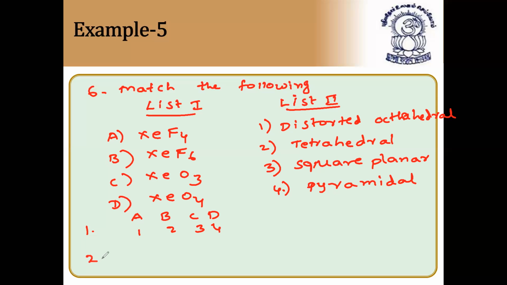Second option: 3, 1, 4, 2. Third option: A is 1, 3, 2, 4.